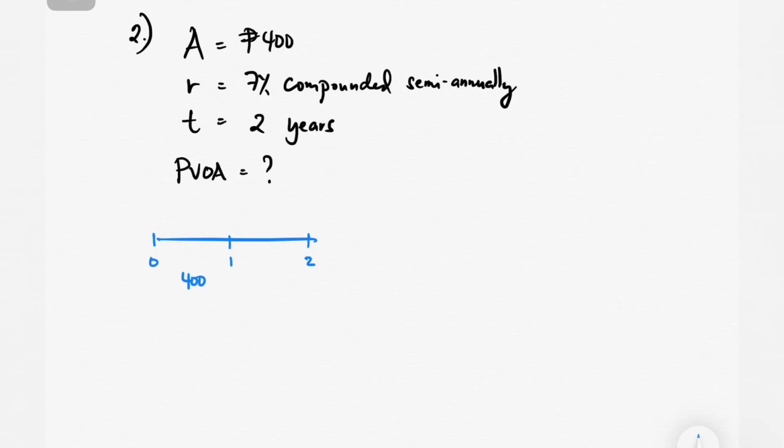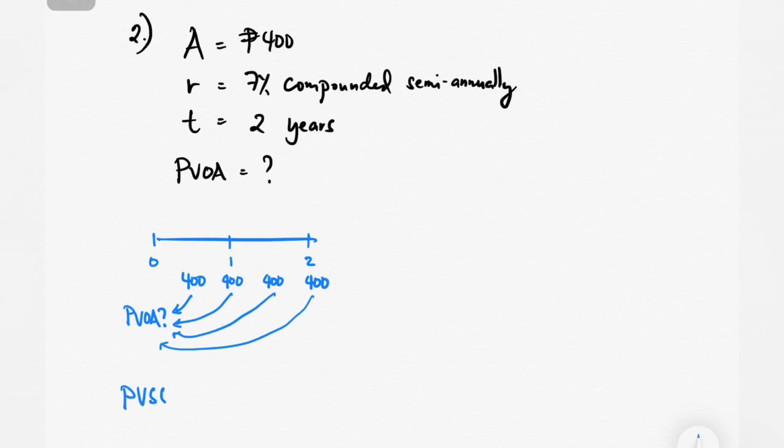So it will be placed here, here, here, and here. It will be paid or collected at the end of the period because the problem is an ordinary annuity problem. So the task is to compute the present value ordinary annuity. To get that, you need to present value each of your cash flows.